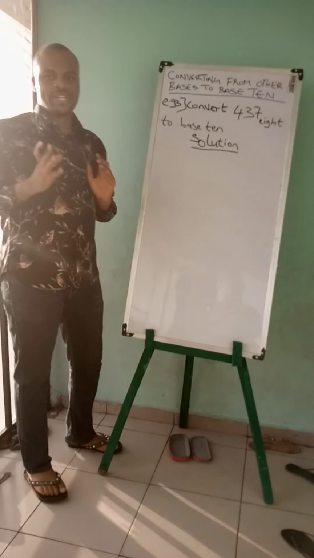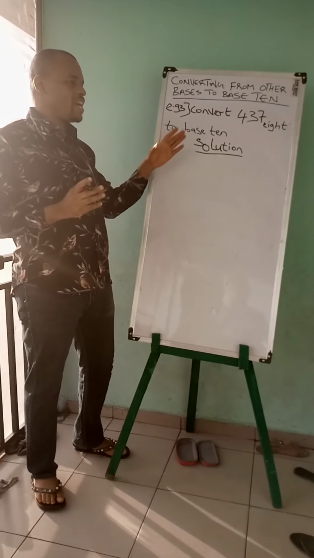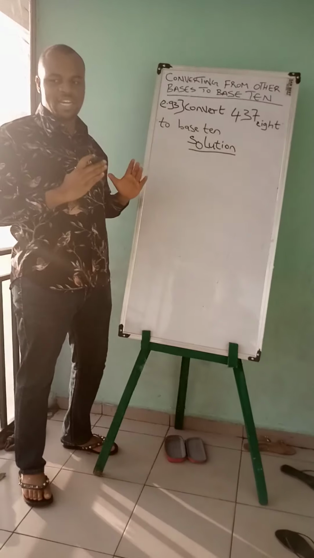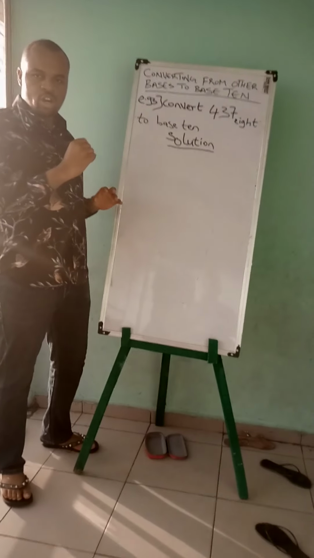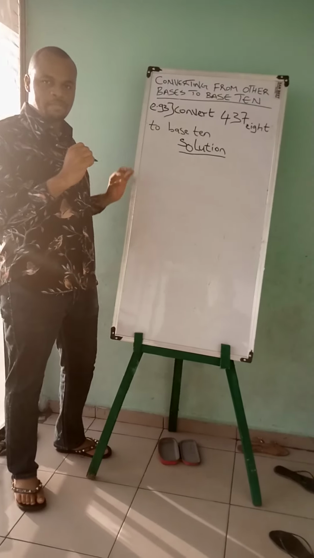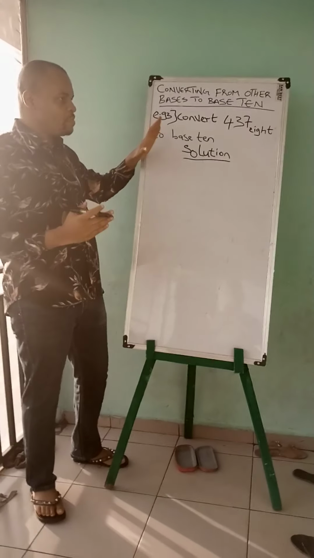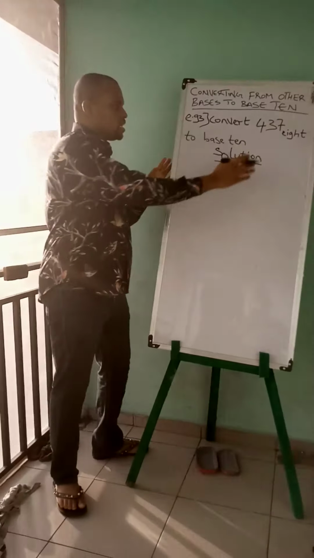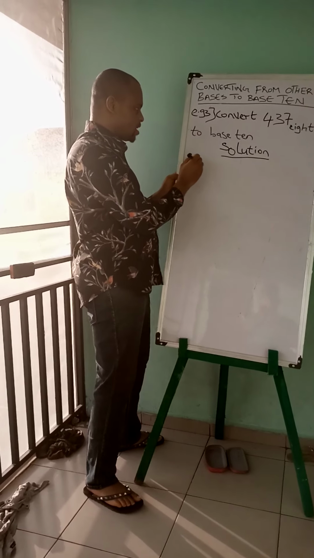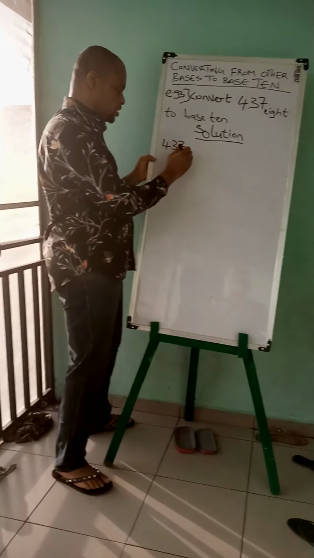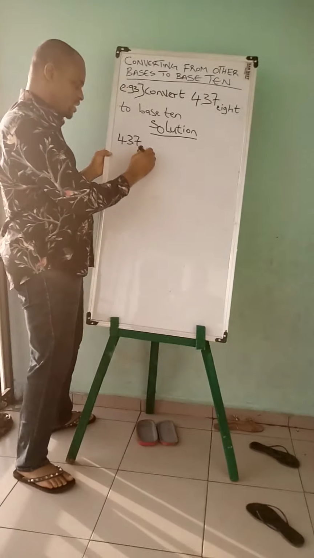Now, for students writing WAEC, remember that if you're writing your WAEC, you show your workings, because for every line that you show your working, your invigilator, the person marking your script, will be giving you marks for each line. So follow me how I'm showing my workings. Now I write out my number, 437 in base 8.